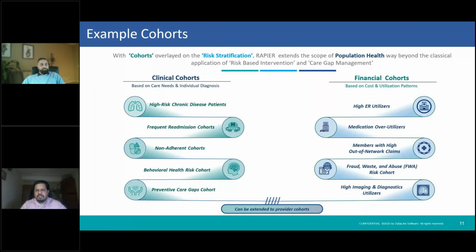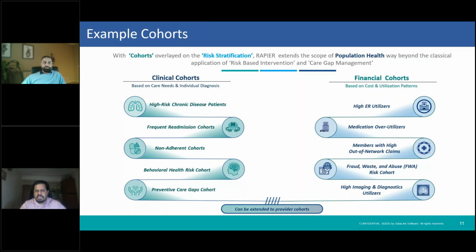Okay, so we have been working on a lot of cohorts. There are clinical cohorts like high risk chronic conditions, readmission cohorts, non-adherent cohorts, behavioral health cohorts. Then there are financial cohorts, which are based on utilization, like high ER utilizers. There are medication over utilizers. There could be fraud, waste, and abuse. There could be people who are overusing imaging and diagnostic facilities.